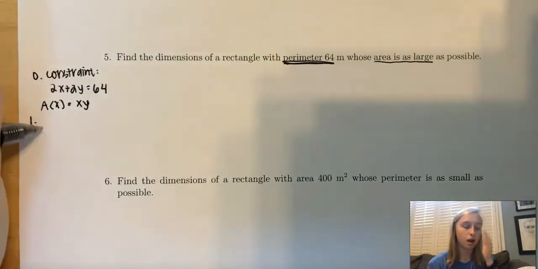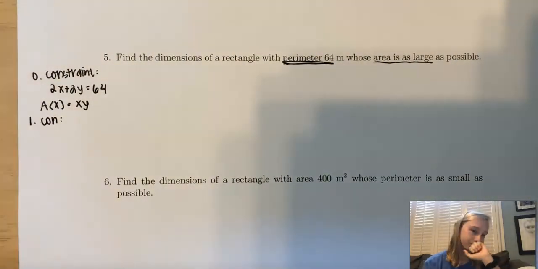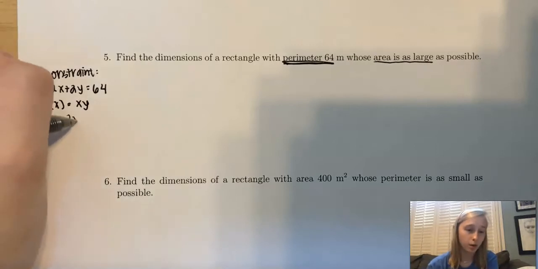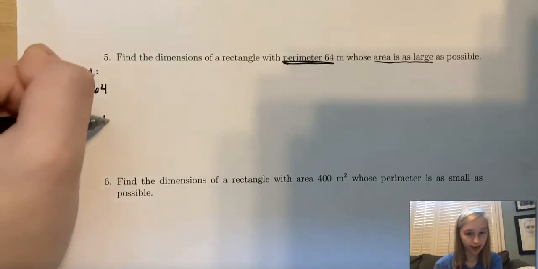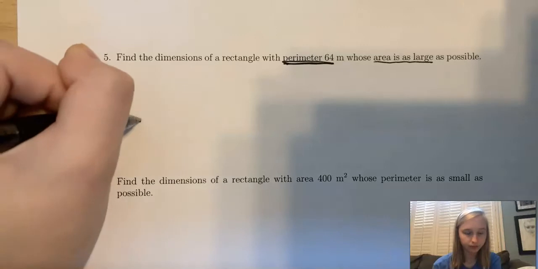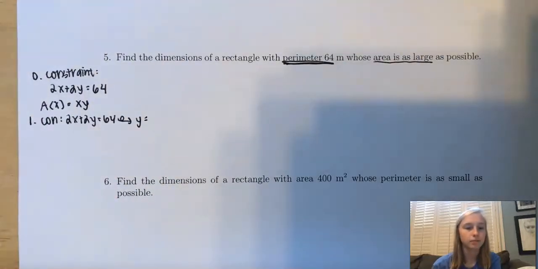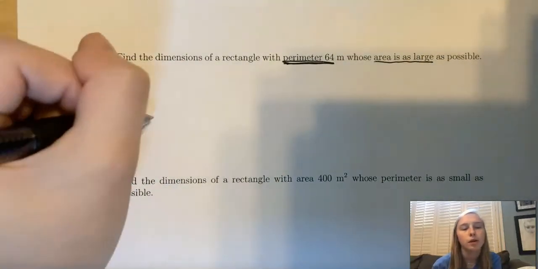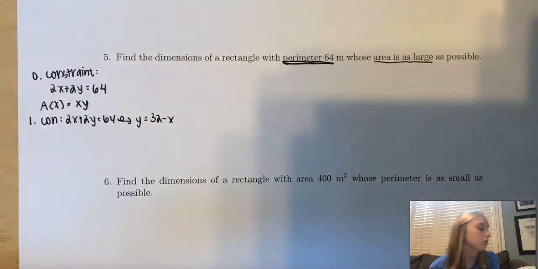Step 1, remember, we're going to isolate y in the constraint so that we can have one variable in terms of x. So I just wrote out the constraint, and then I just solve for y. This arrow doesn't mean anything.